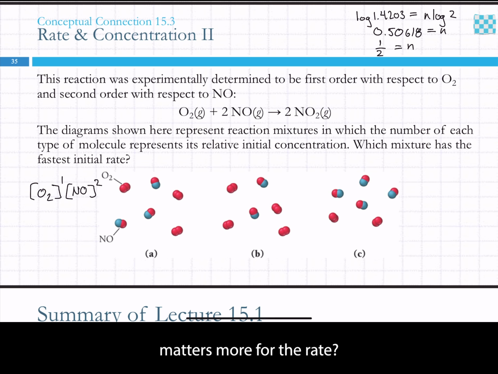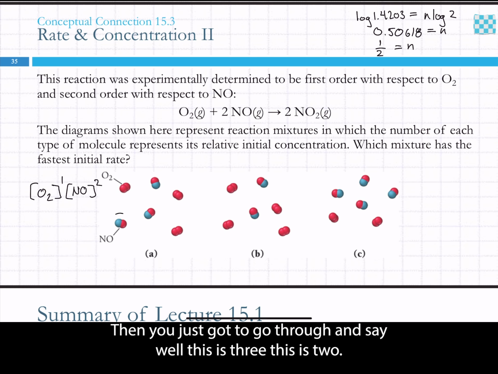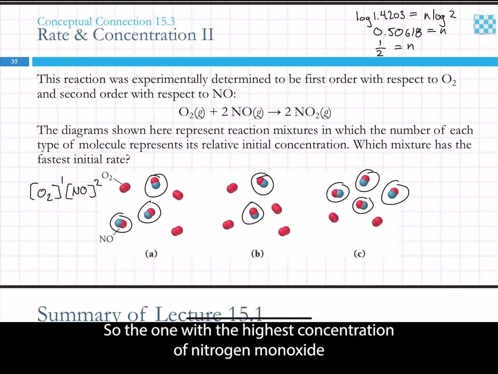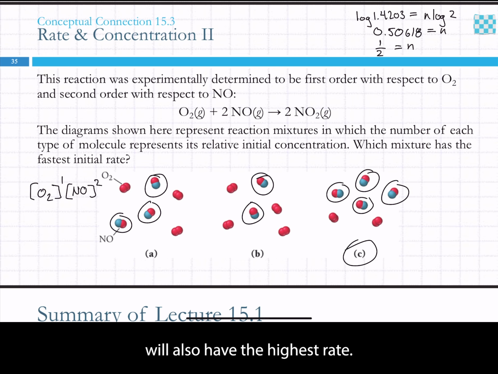So which concentration matters more for the rate? Nitrogen monoxide, right? Higher order. Yeah, and then you just got to go through and say, well, this is 3, this is 2, this is 4 nitrogen monoxide. So the one with the highest concentration of nitrogen monoxide will also have the highest rate.